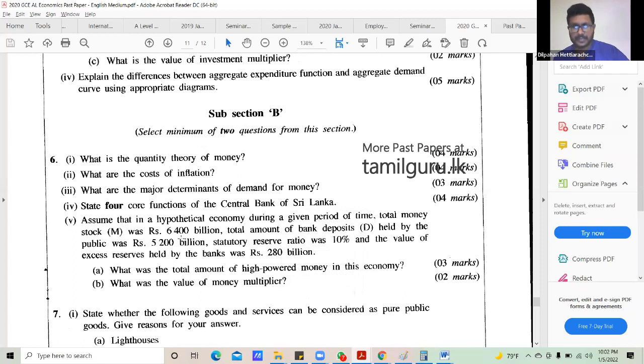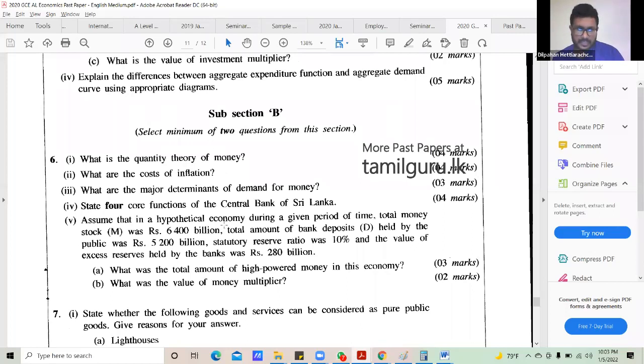Always stick to M1. M1 has two components: CP plus DD, currency held by public plus demand deposits.